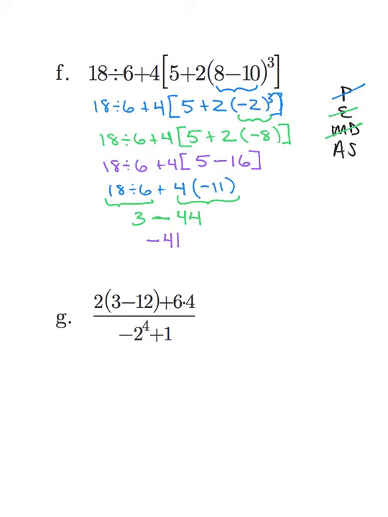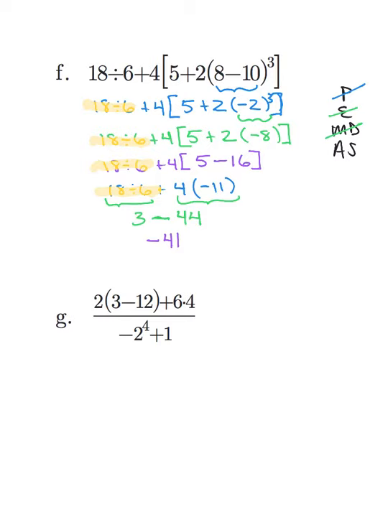Now, one thing I do want to point out on this one is over here, did we have to wait until the very end to do 18 divided by 6? And the answer is no. The more familiar you become with these, then you can start getting into combining different operations.